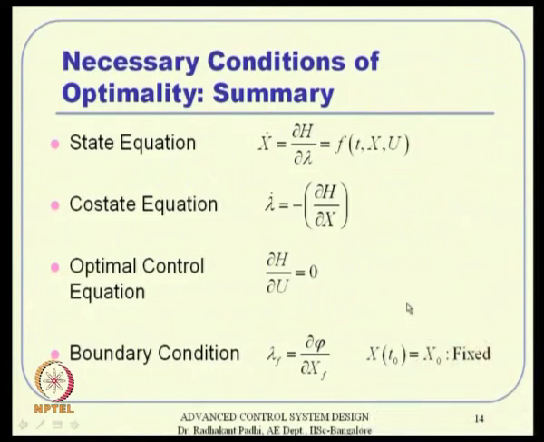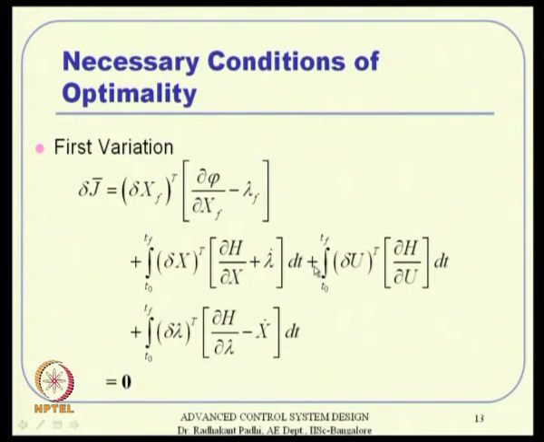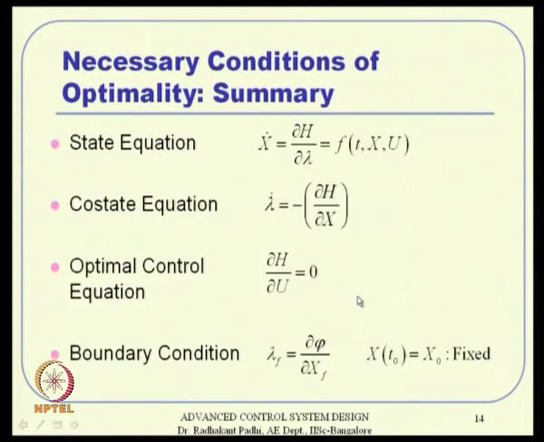So what is happening here? There are a couple of things to observe. First of all, these conditions are necessary conditions, because they use the first variation only; we have never explored second variations. So if you satisfy all these equations, it can be either a maximum or a minimum.